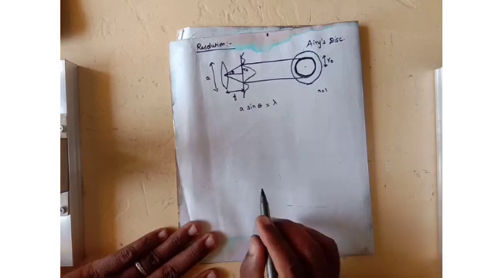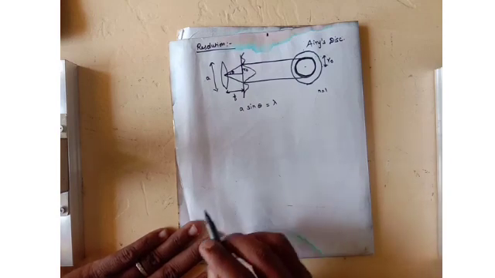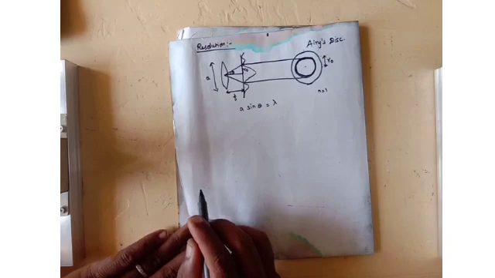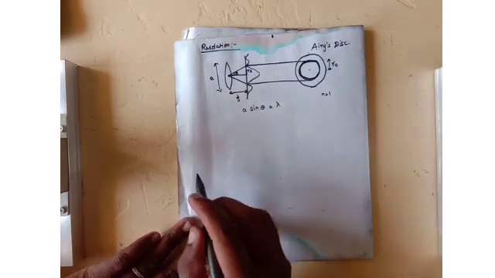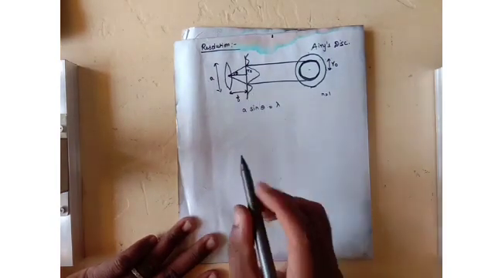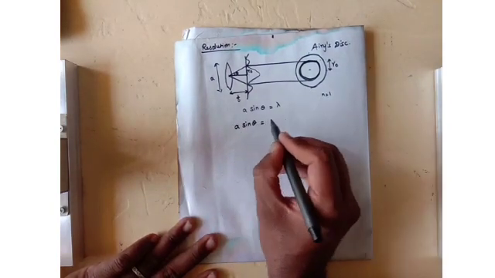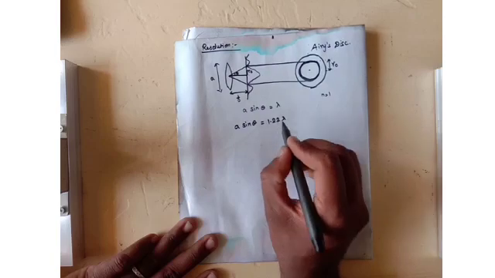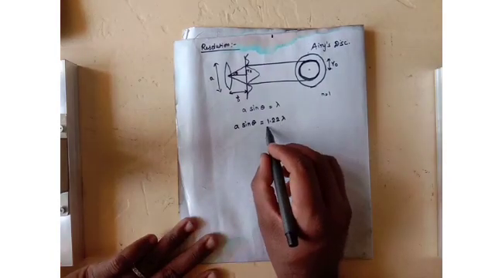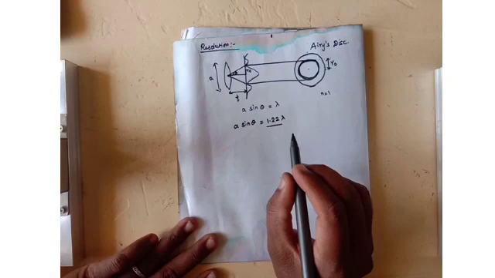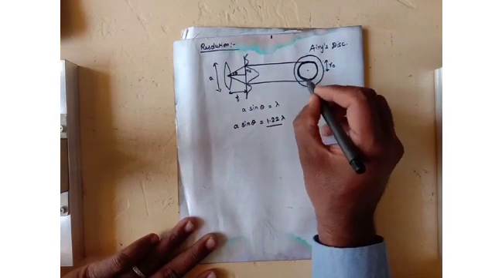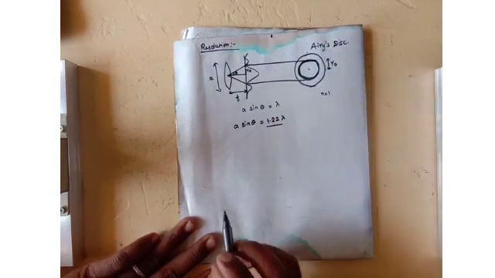From the Airy disc, you can give the relation for the circle of central maximum, where the half angular spread is given by the equation a sin theta is equal to 1.22 lambda. This numerical value 1.22 comes for the central maxima in the Airy disc.